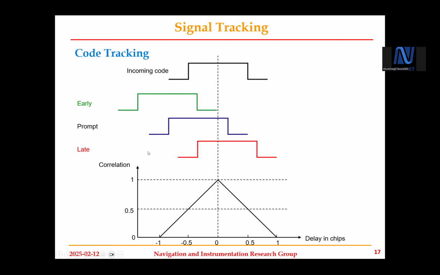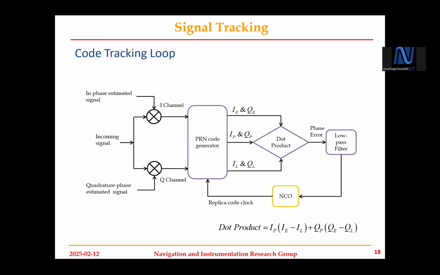You might be surprised to see that for each of these 3, the early, the prompt, and the late, we will generate 2 replicas, one in phase and the other in quadrature with the incoming signal. Because we need them for the carrier tracking, as we will see next.